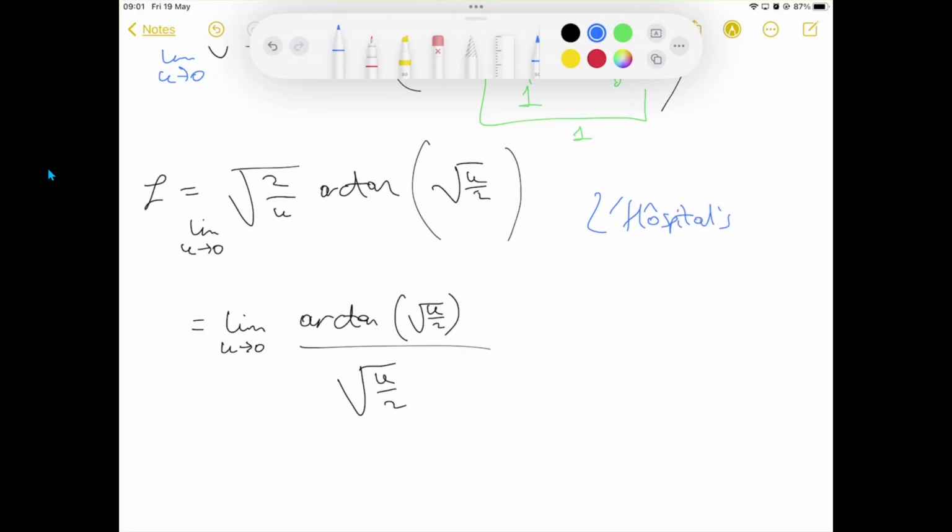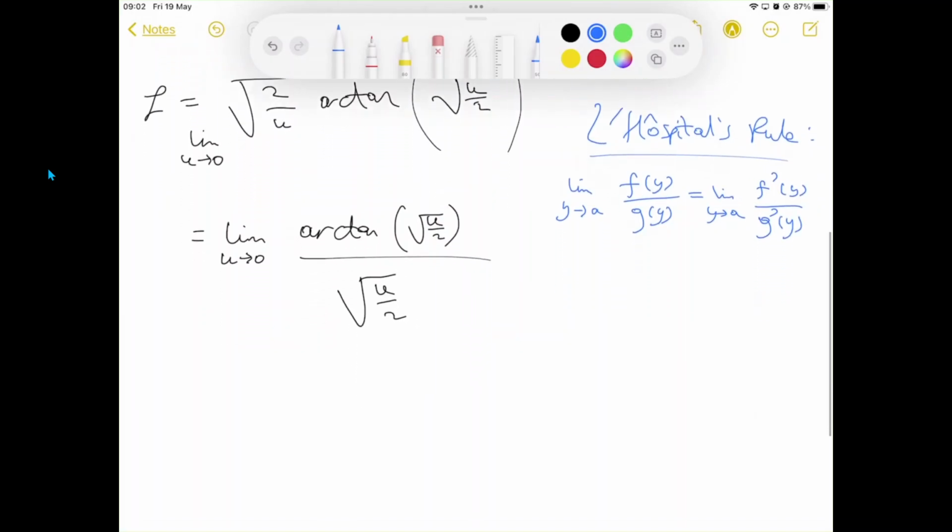I keep spelling it wrong. So this rule states that if you have some limit of some variable approaching some constant of two functions of that variable divided by each other like that, this is equal to the same limit of the same variable to the same constant of, the only difference being the two functions differentiated in respect to that variable.